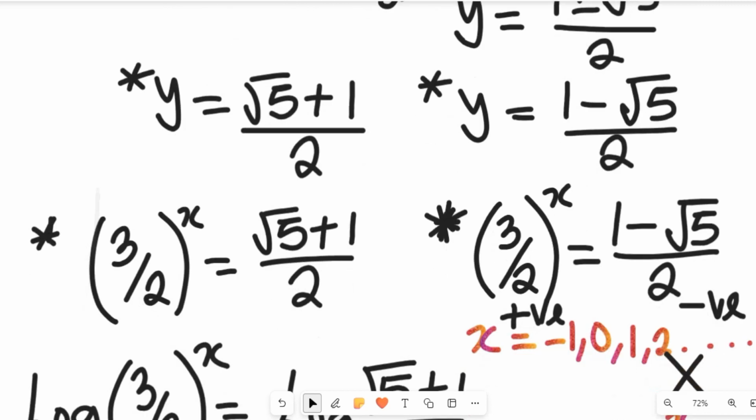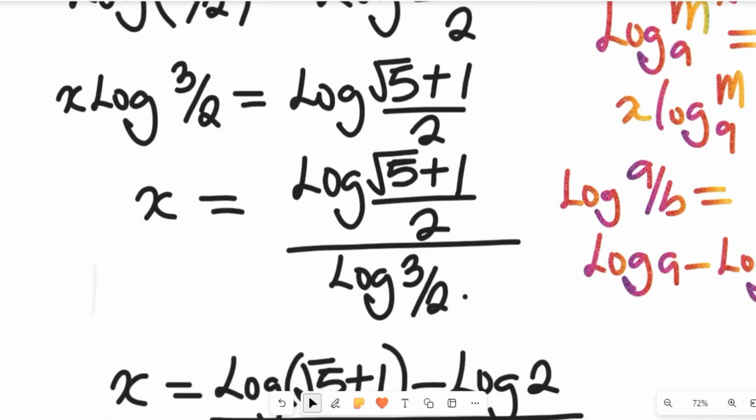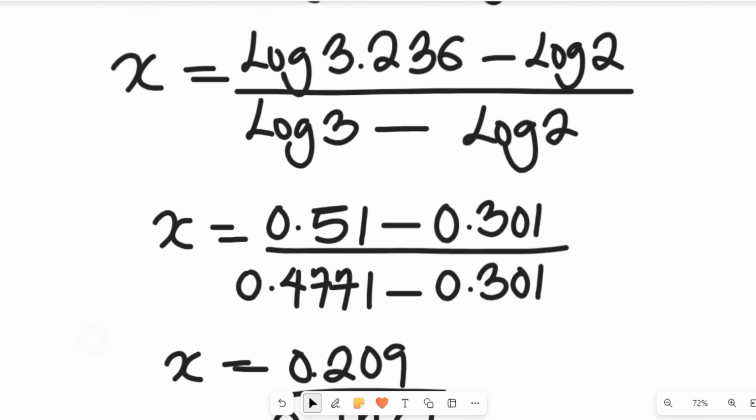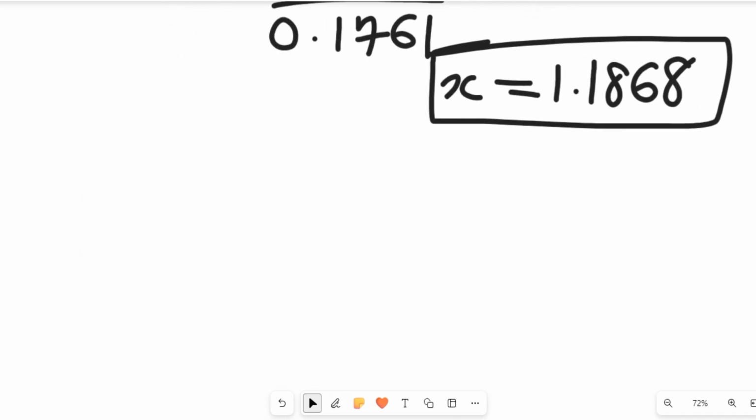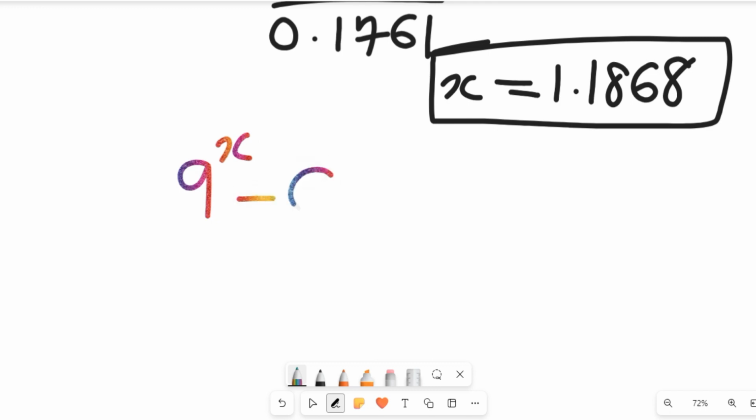If we insert the value of x to be equal to 1.1868, are we going to get what is on the left hand side to be equal to what is on the right hand side? We have 9 to the x minus 6 to the x, and that's equal to 4 to the power of x.